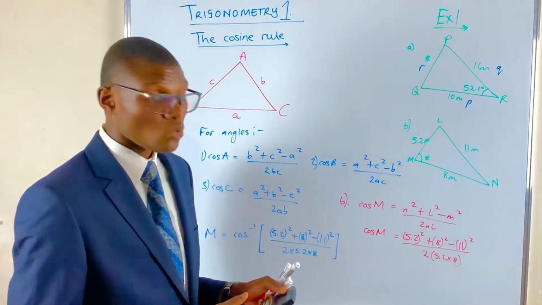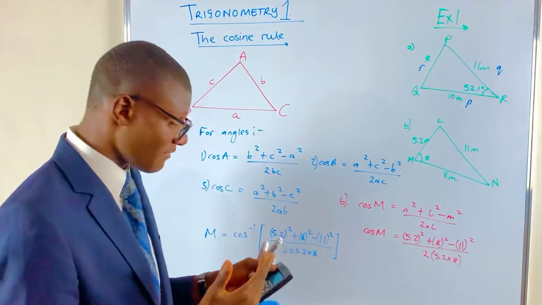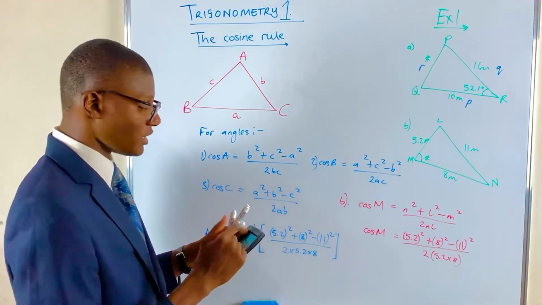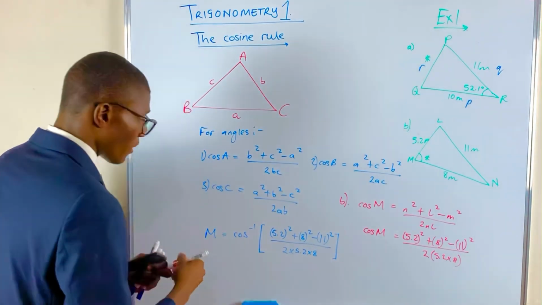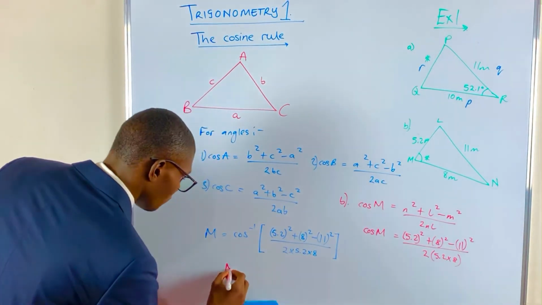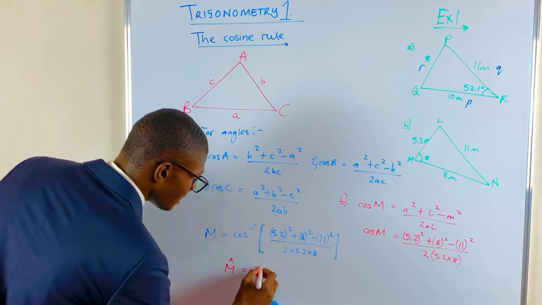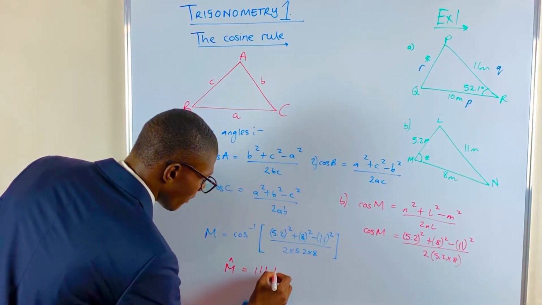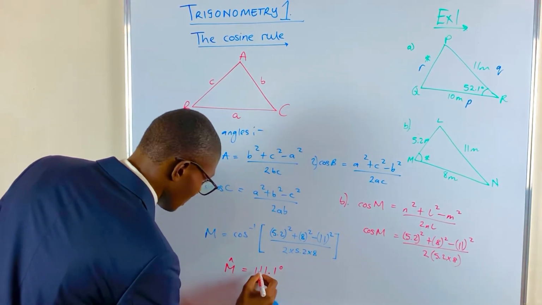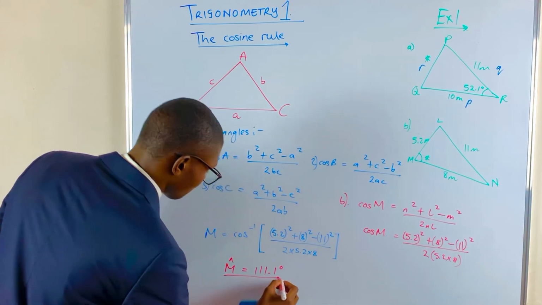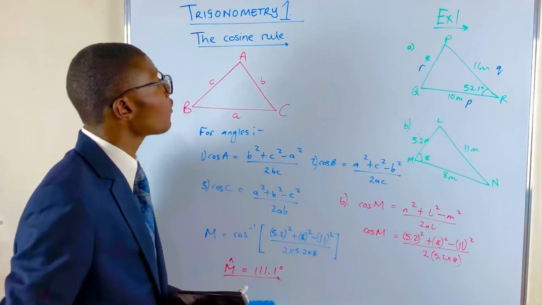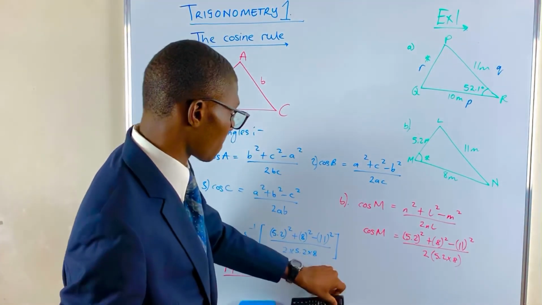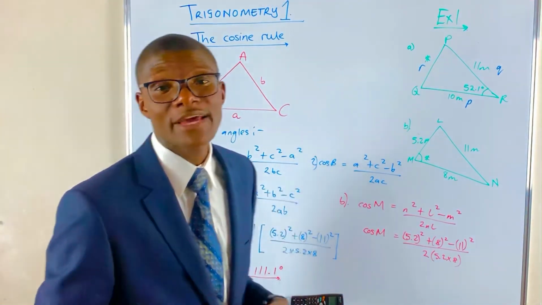That will give us 111.1, so angle M is equal to 111.1 degrees, to 1 decimal place. So that's that angle. This was for the cosine rule.